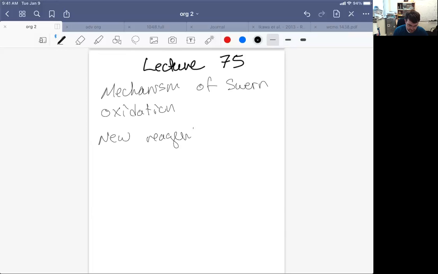We have DMSO. This is a common solvent. DMSO is short for dimethyl sulfoxide. Now, dimethyl sulfoxide actually can be depicted as two resonance structures.